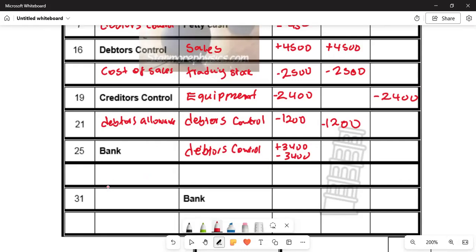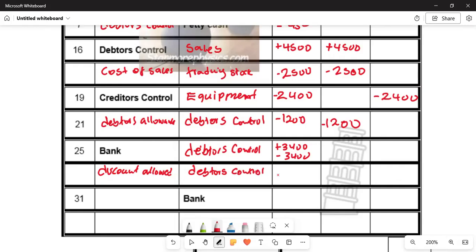So we also have what? A discount allowed. Remember, we are supposed to be paid what? 3.5, but now we are paid what? 3.4. So it means you're going to have a discount allowed. Discount allowed. So it's an expense as we have allowed the discount to our debtors. So we are going to debit it and credit debtors control.